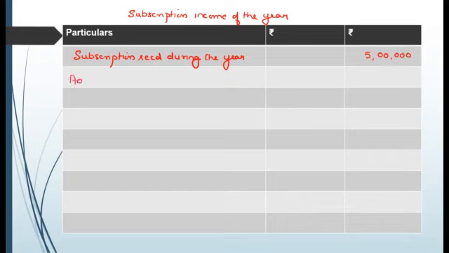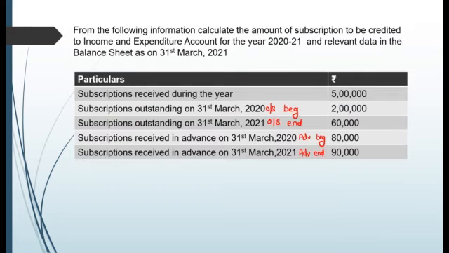Now, we would have some add and subtract items. What are the add items? What was related to current year but has not been received, or was received in advance in the previous year. So if you look at this, whatever is outstanding at the end and advance at the beginning. End, not yet received but still income. Advance at the beginning was received in the previous year only, so included. So we have to add these two amounts.